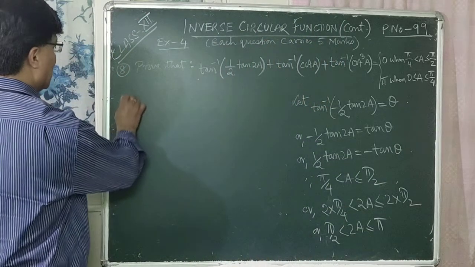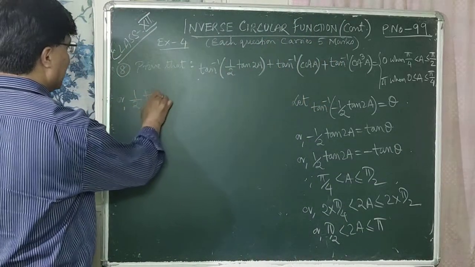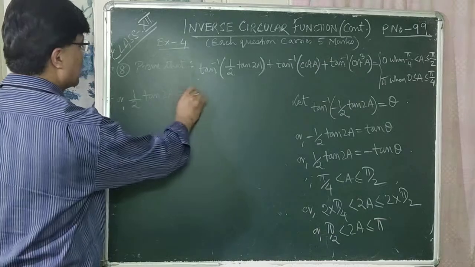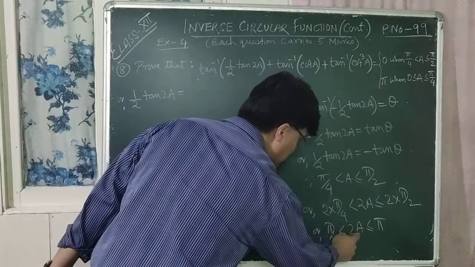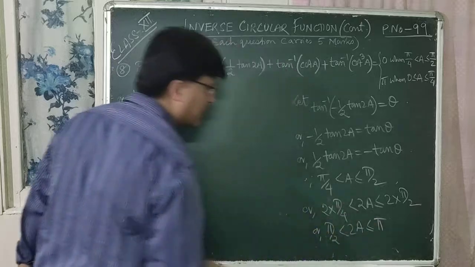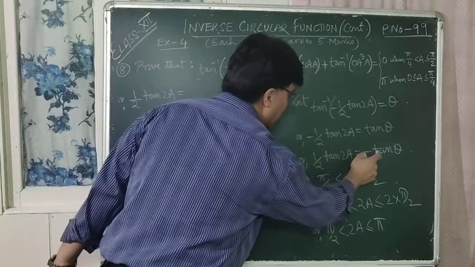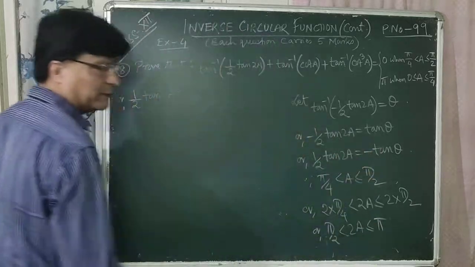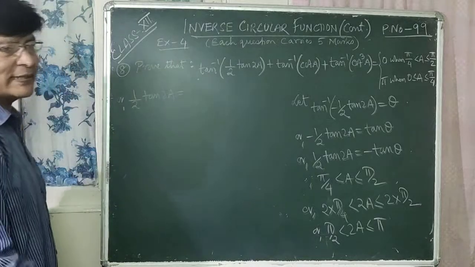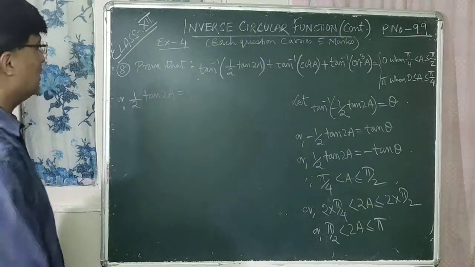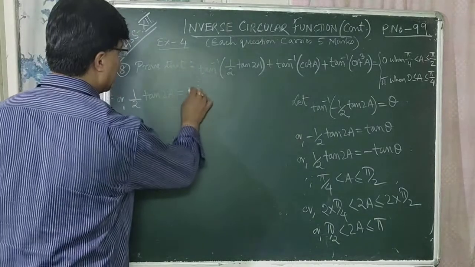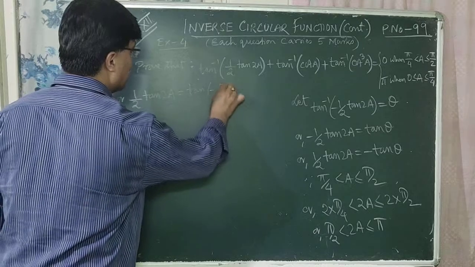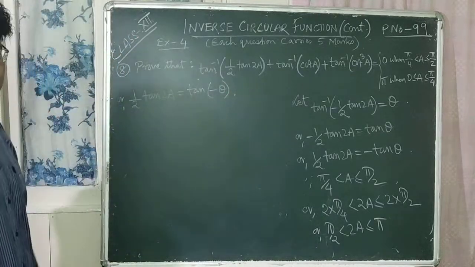That is half tan 2a is equal to. Now this 2a lies within 90 degree and 180 degree. So tan 2a is negative. So you can write down that angle as the negative angle, right? That is tan of what? Minus theta. You can write it.